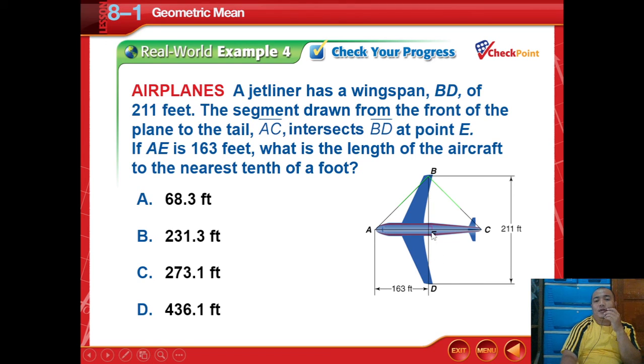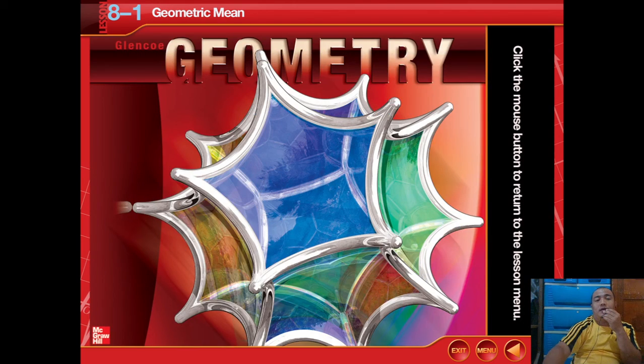Solve for EC, then add it to 163, which gives the length of the aircraft to the nearest tenth of a foot. And the answer is 231.3 feet. So that ends our lesson on geometric mean.